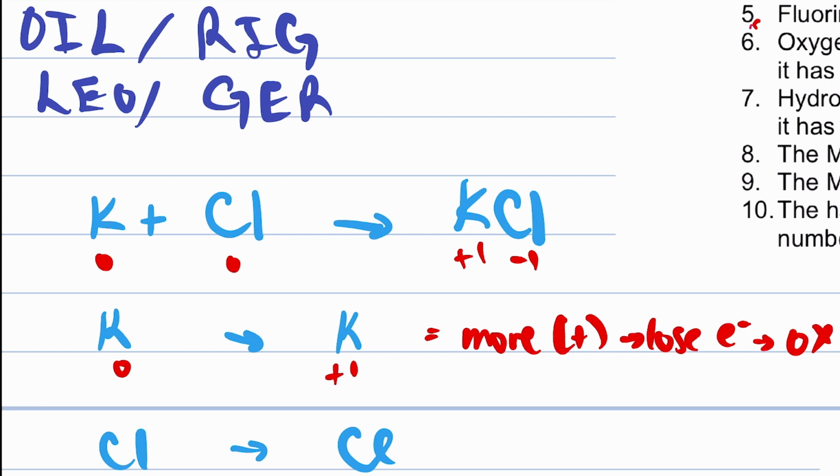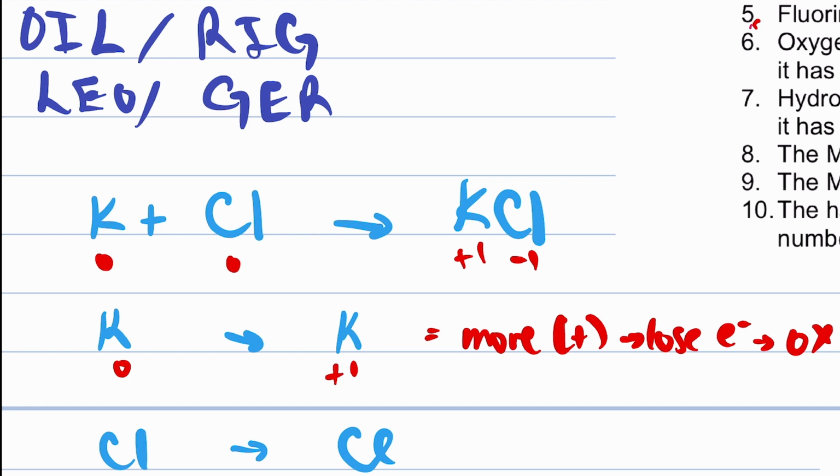So if it lost 1 electron, you could think of it as being spit out of the reaction. If it's being spit out of the reaction, it's going to be represented on the product side, because it's coming out. So you're going to write that down up here.